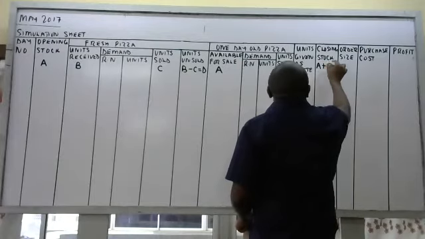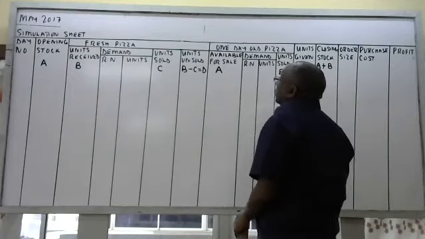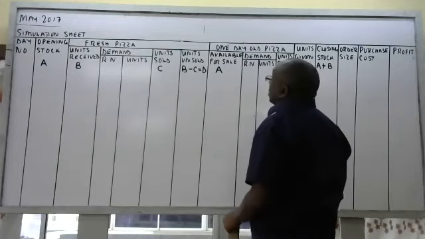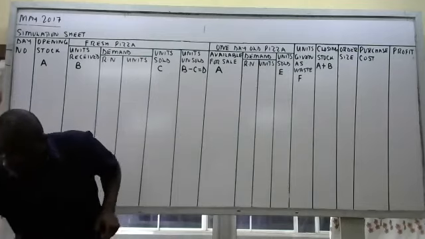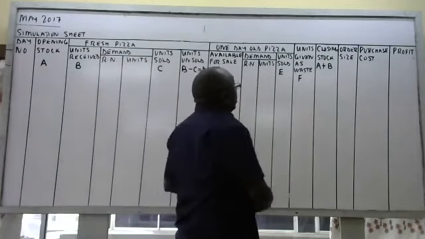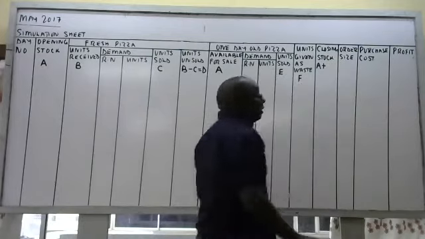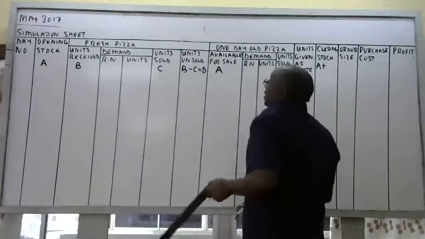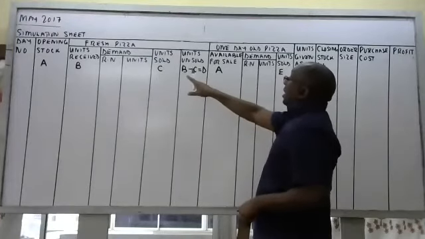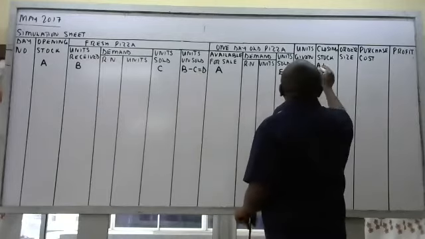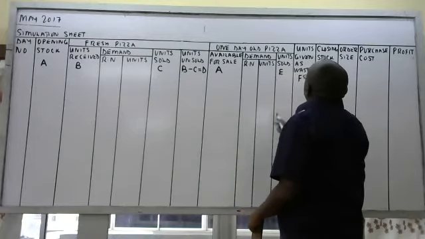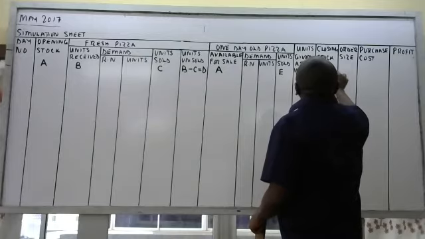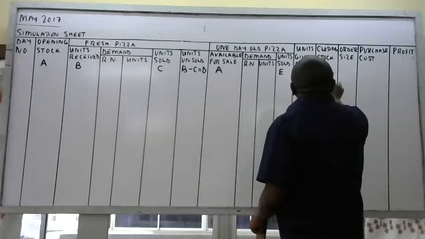I add what I received. No. Let me add what remains unsold and what was sold, B. So what I opened the day with, and what has remained unsold, B. Then I minus anything that has been sold here and here. This one I call it G.